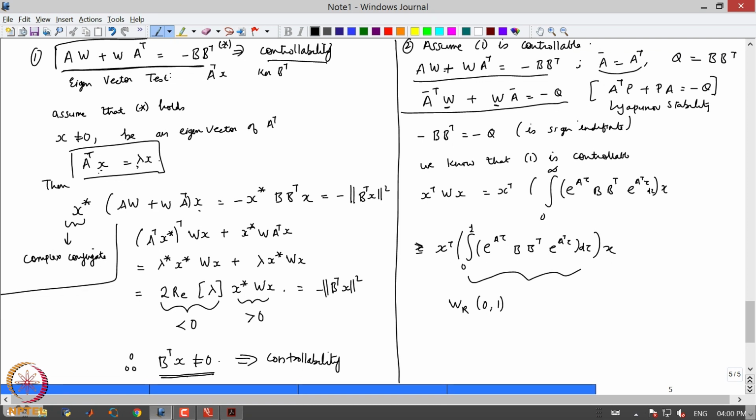Because the system is controllable, x transpose W r x is always greater than 0, because of the definitions of the image of W r. This all has to do with the rank of C being equal to n, and the relations we had between the rank of C and the image of the Gramian. So this is actually true because of controllability.